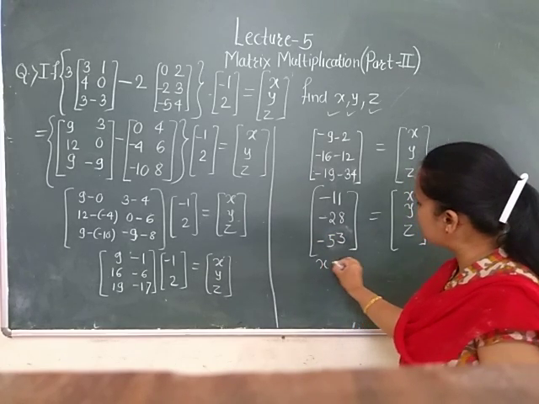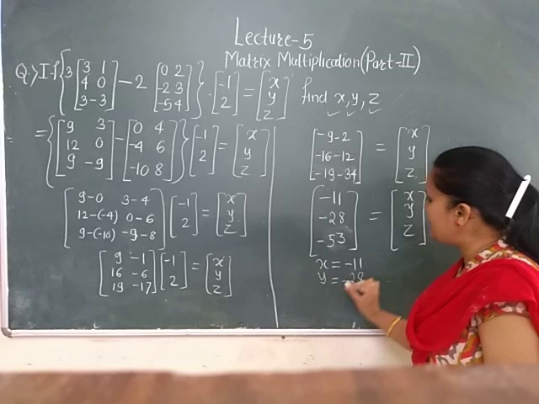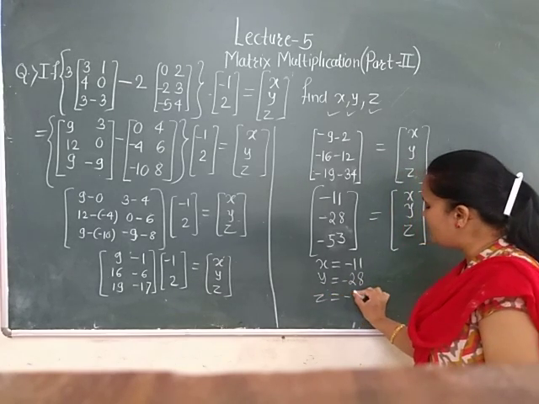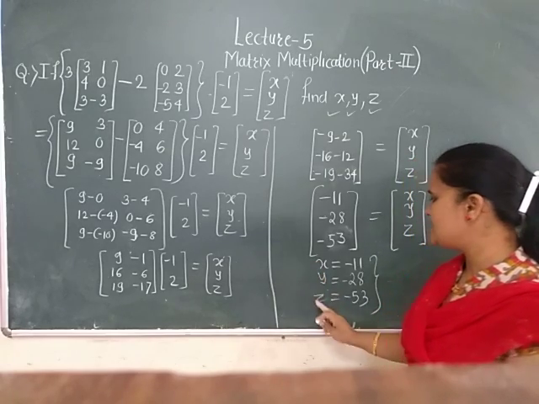So x is equal to minus 11, y is equal to minus 28, and z is equal to minus 53. So these are the values of x, y, z here.